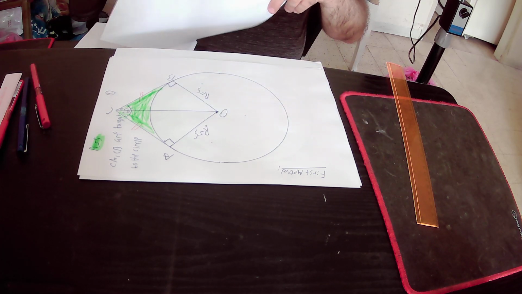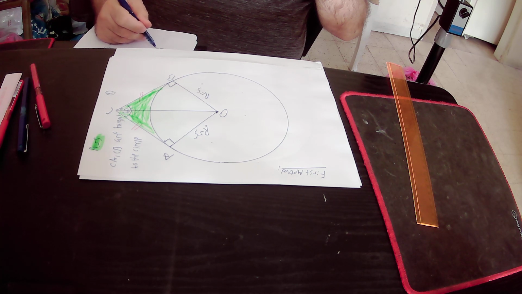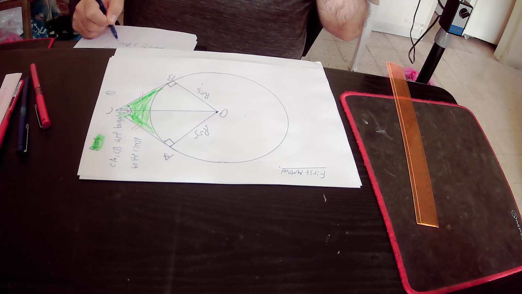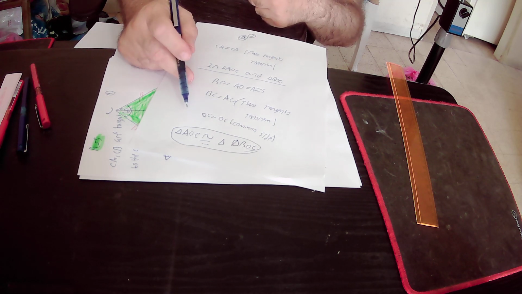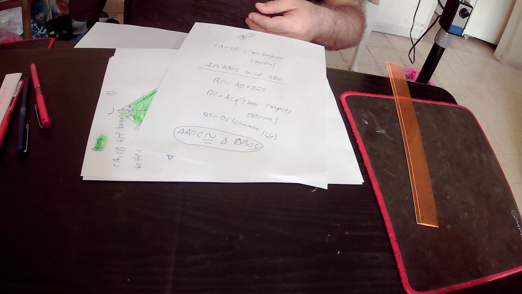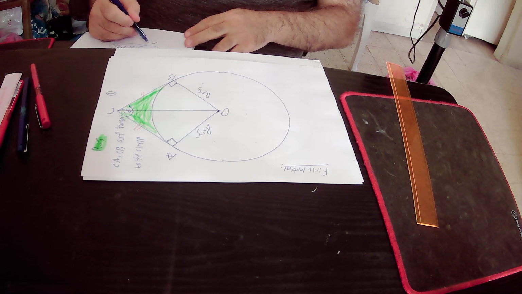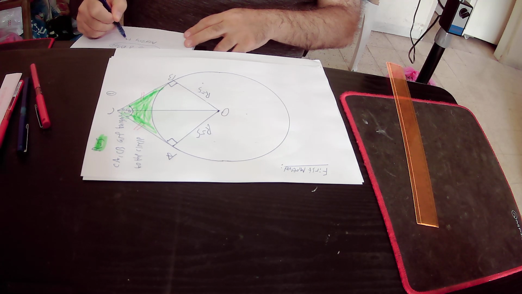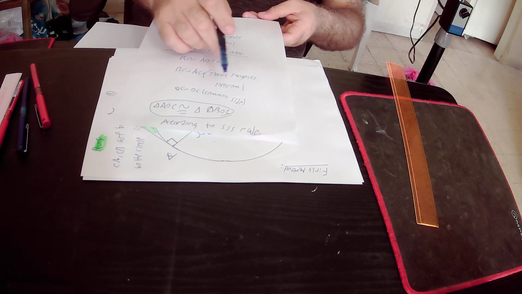So we proved that triangle AOC is congruent to triangle BOC according to the side rule.